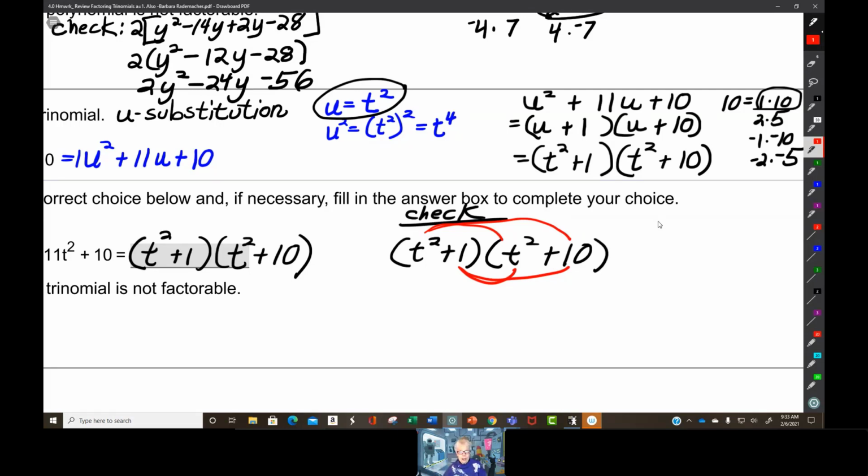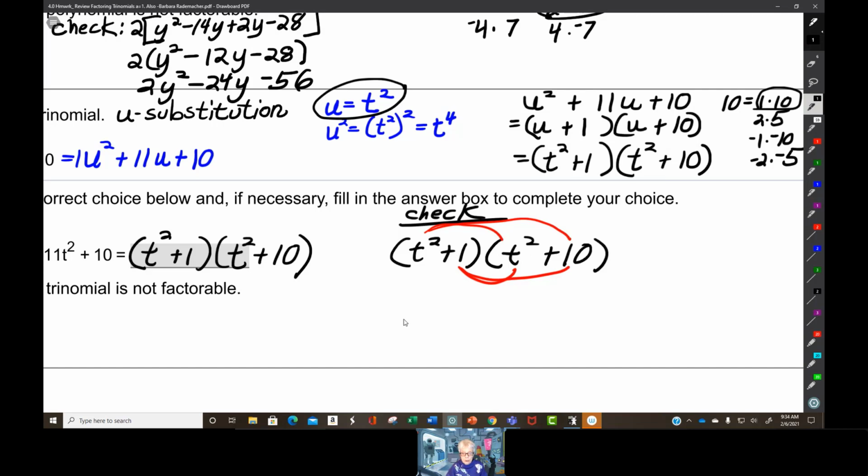No, but you're thinking good. If these were minus signs, then yes, I could. But they're not, they're plus signs, which makes them not factorable in the real number system, otherwise known as prime. We can't go any further, but let's check the work.